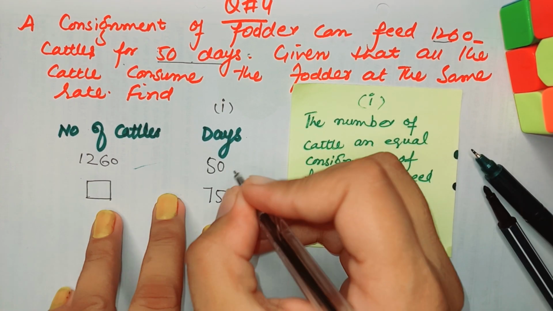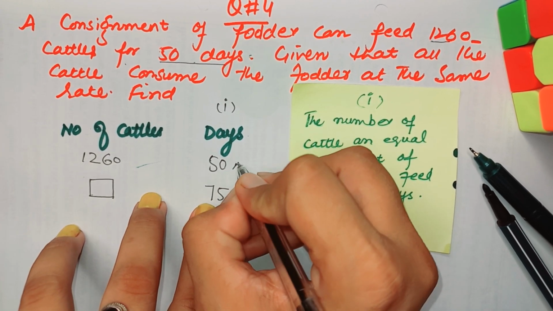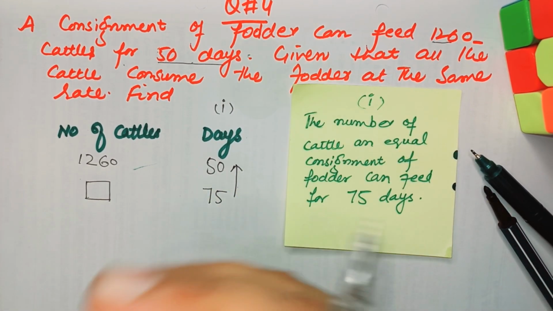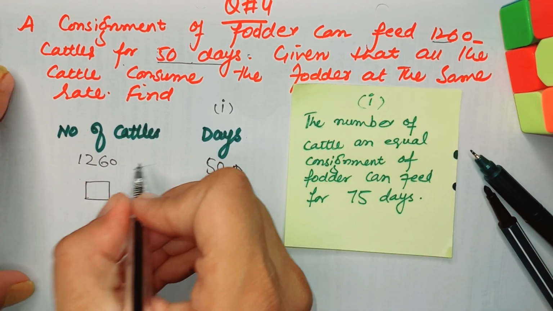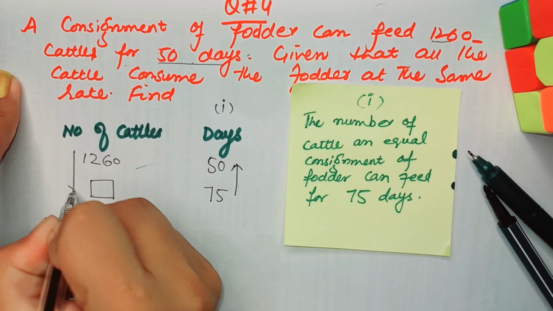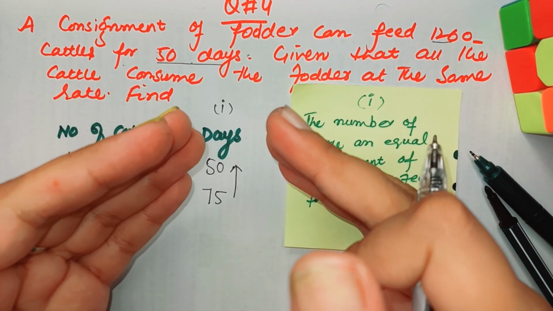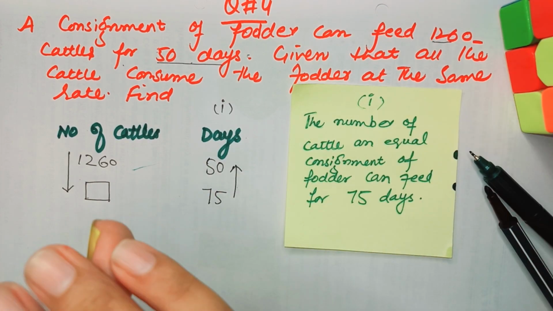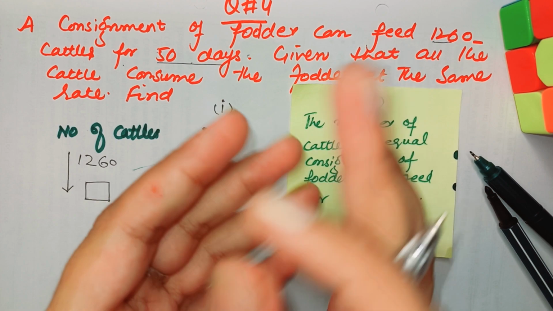So यहाँ से आप देख सकते हैं कि जब days हमने बढ़ा दिए हैं, ज़्यादा दिन के लिए हमें चारा consume करना है, तो it means कि cattle हमारे पास कम होंगे. Then the fodder lasts for more days. So यहाँ से आप observe करें relation, inverse relation है.